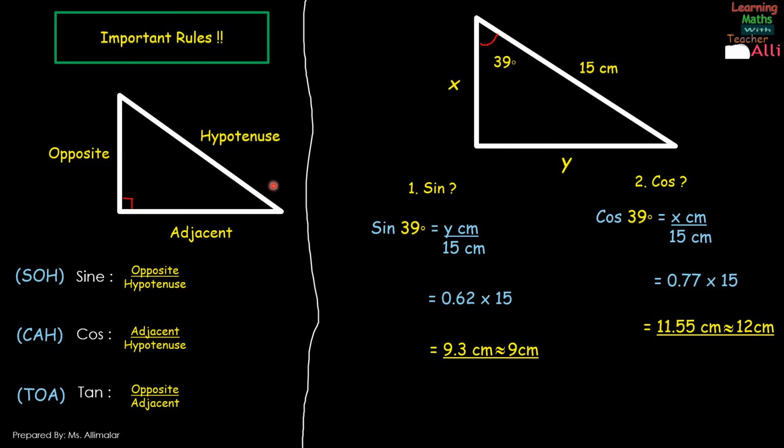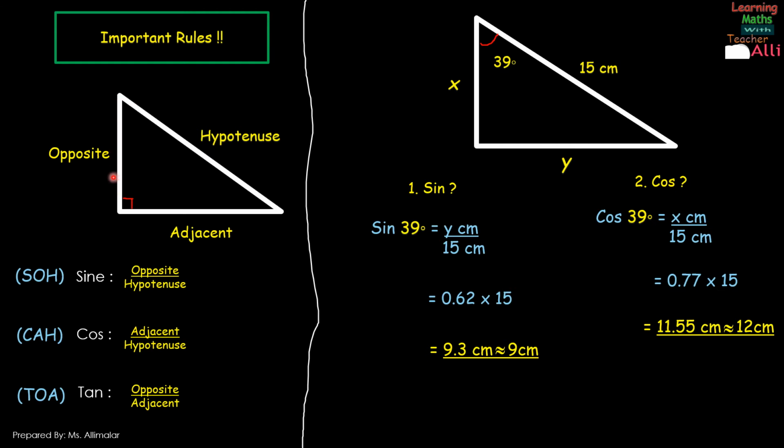So if you're standing here, the opposite line is opposite, and this will be the adjacent. But how if you're standing here? Your view, if you are standing here, this line is the opposite, is it? If you are standing here, what is this line?